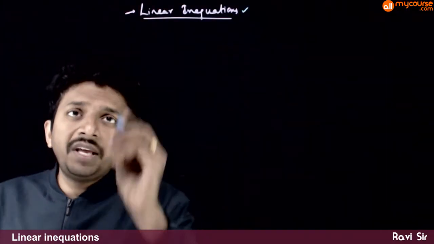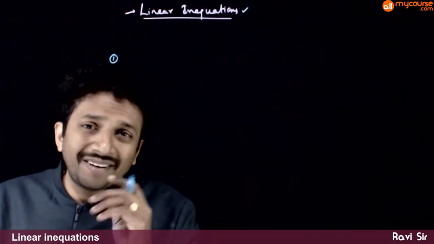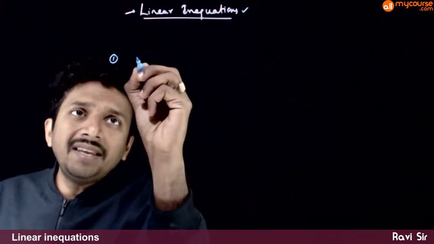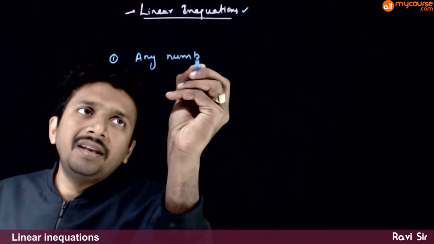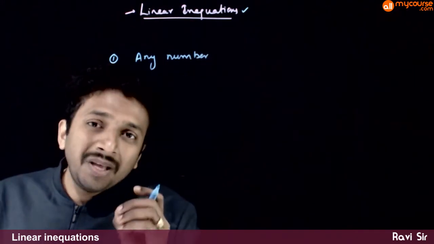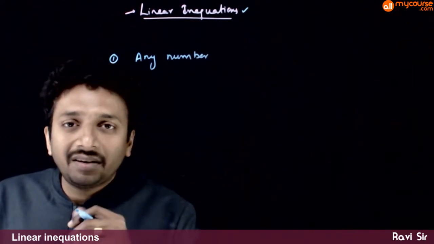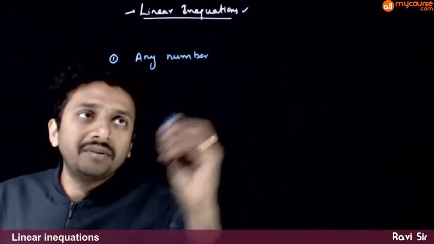So, the first rule of inequality says that any number can be uniformly added or subtracted from both sides of inequality.